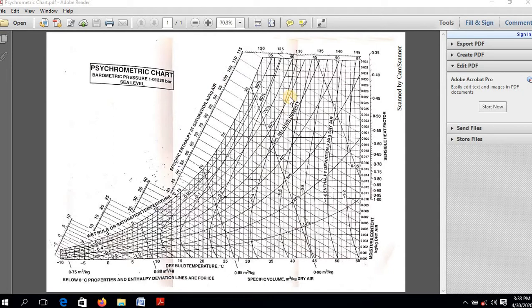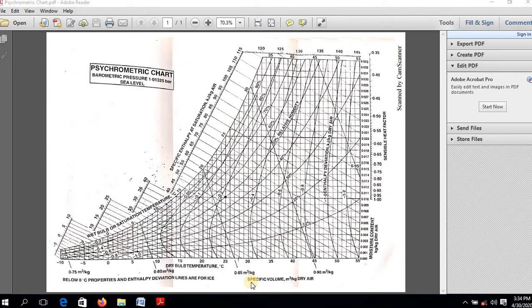This inclined curve gives us the value of relative humidity. And these lines, 0.75, 0.80, 0.85, show the values of specific volume in meter cube per kg of dry air.